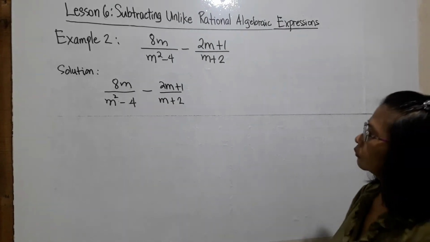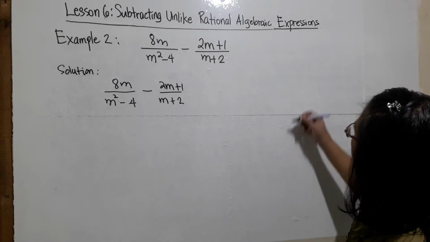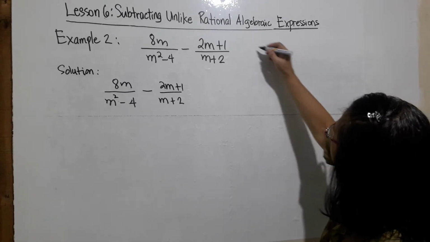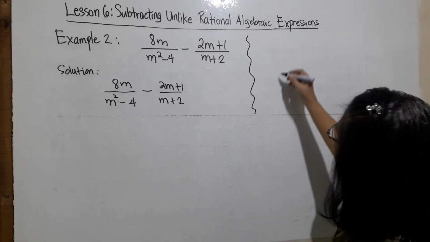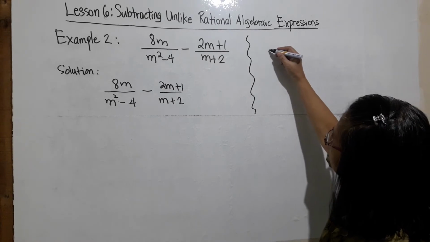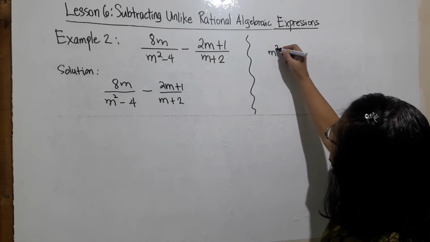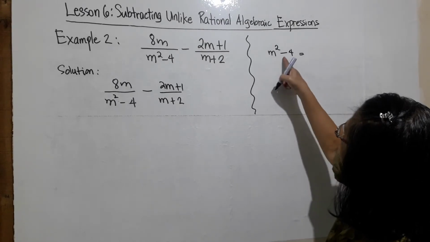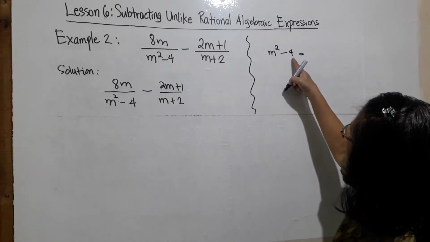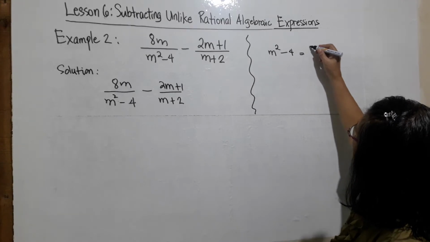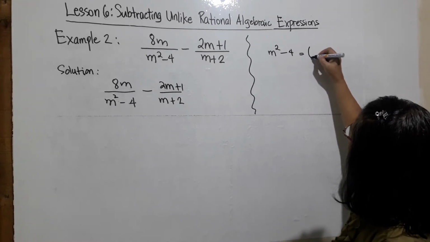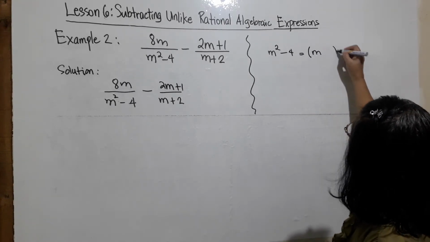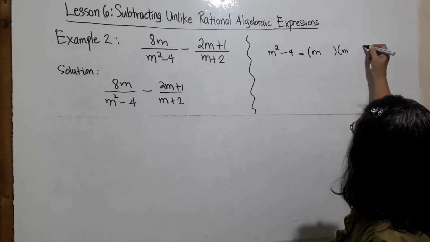So we need to find the LCD between the denominators. m squared minus 4 is a difference of two squares. The factors of this are m and m.